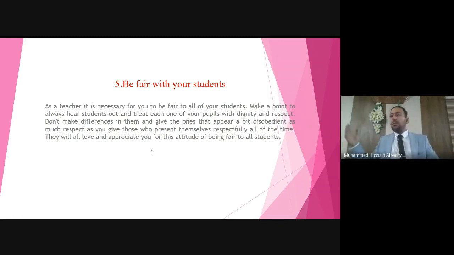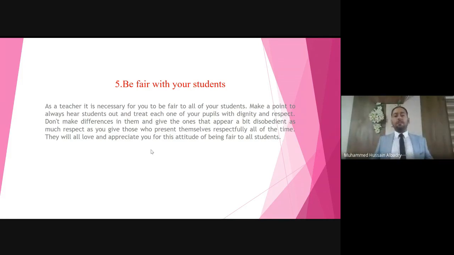This man is, for example, rich or handsome or whatever. This is wrong. You should treat them equally. This man or this woman is clever, is good, but this one is not clever, so I respect one and not the other. This is wrong. You have to respect all your students. You have to treat them all equally.